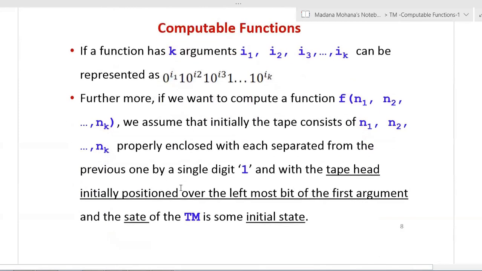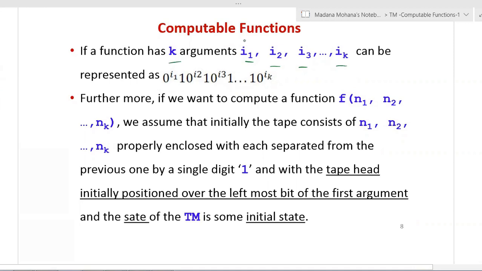Now let us see, if a function has k arguments, let us say i1, i2, i3 and so on up to ik. A function with k arguments or parameters denoted by i1 to ik can be represented in unary form, where all the arguments are separated with digit 1.